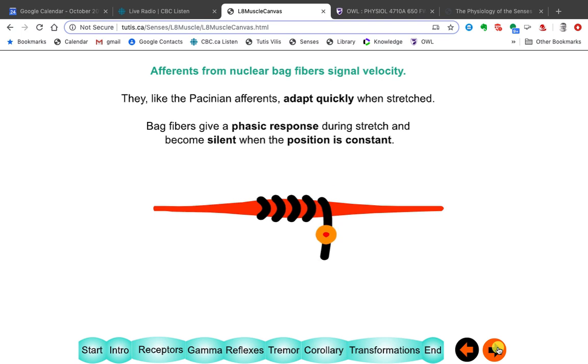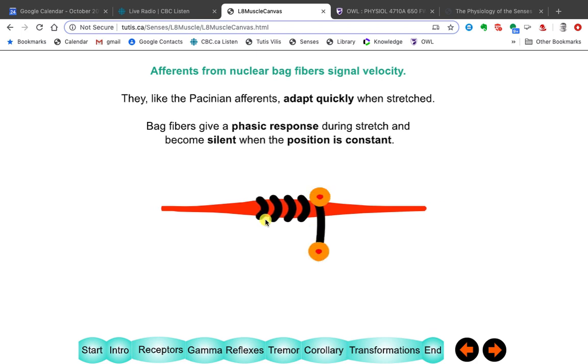Here is one of the fibers inside this spindle, and it's called the nuclear bag fiber. Why nuclear? I'm not sure. But bag because it's wider here in the middle. And what you can see here is that it adapts quickly once the stretch is finished. It's a little bit like your Cassini effort. When you press on it, it fires.